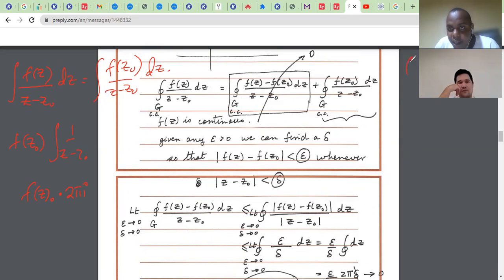So if you divide both sides by 2 pi I, you get 1 divided by 2 pi I times the integral of f of z divided by z minus z naught dz will be equal to f of z naught. And so we have proved the Cauchy integral formula.